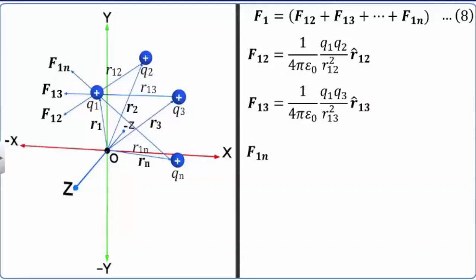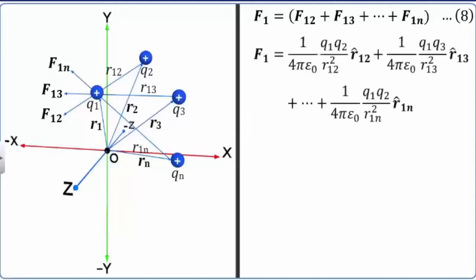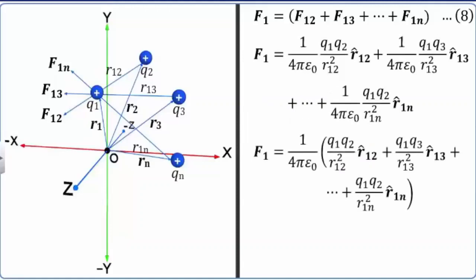is equal to 1 by 4 pi epsilon naught Q1 Qn by R1n square into R1n cap. R1n is the distance between Q1 and Qn and R1n cap is the unit vector in the direction of the force F1n. Now, using F12, F13, F1n in the principle of superposition, we have F1 as in equation 9.